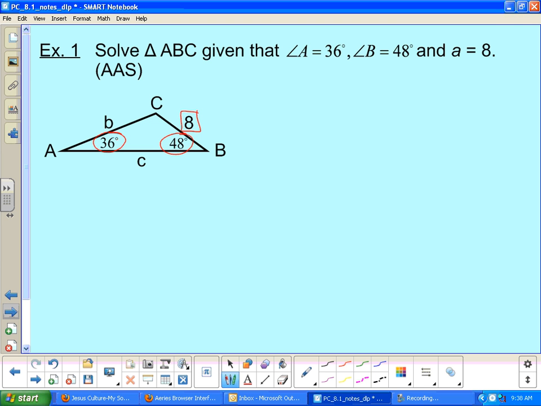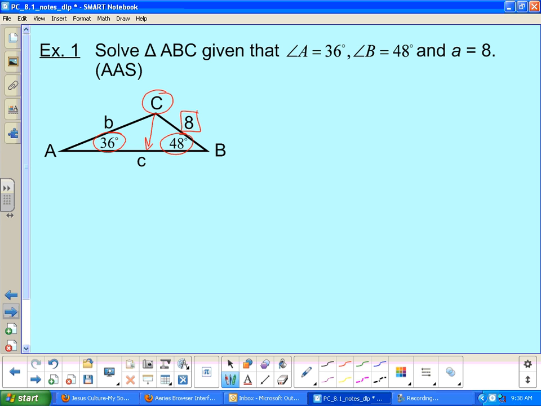AAS. Great idea when you get these: always draw your triangles out. Do not be too freaked out about where the A, the B, and the C go, but always know that the angles and their sides are across from each other.